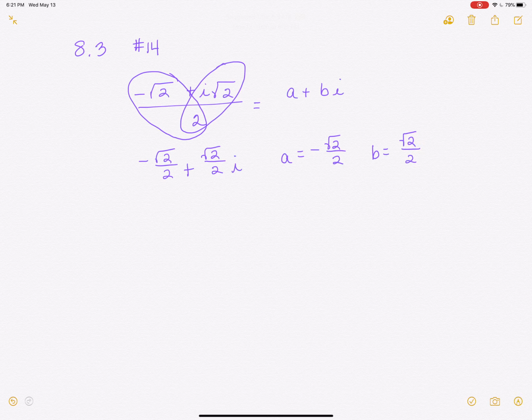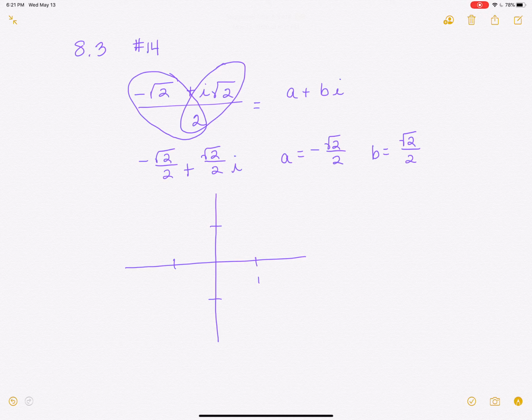All right, so let's look and see what the graph of this is going to look like. So I'm going to draw my axes. I've got my real axis and my imaginary axis. So the real part is negative square root 2 over 2. If you plug that in your calculator to get an approximation, that's about 0.7. So let's just mark this off. So I'm going to mark, let's say this is 1.